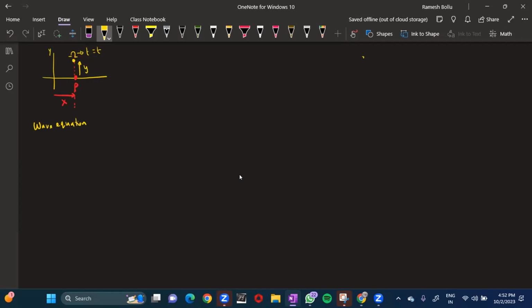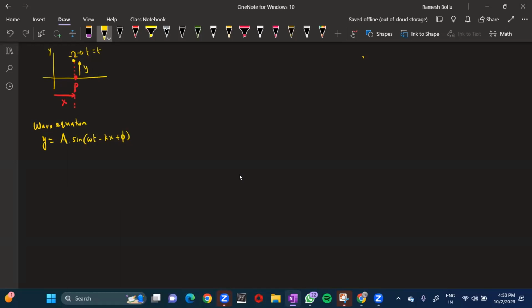How will you write the wave equation? y is equal to A sine of (omega t minus kx plus phi). You can also write kx minus omega t, children. No problem, only the phi value will change. That's why, if you are referring to any 2-3 books, don't get confused. Both are the same only. Omega t minus kx you can write, kx minus omega t also you can write. Is that point clear, children?